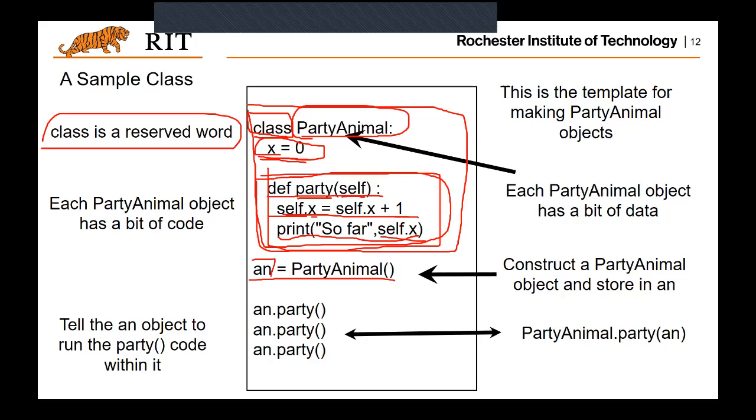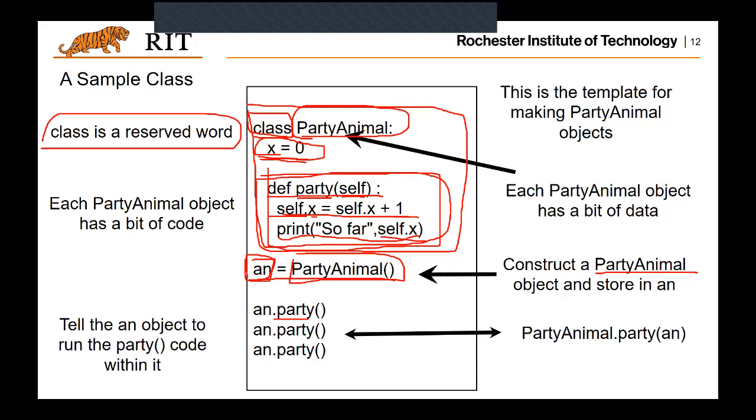This n is an instance, and you just call this so-called construction function. You actually construct an object which is party animal type or party animal class, and then assign this object to this variable n. And it turns out you have an instance of the party animal class.